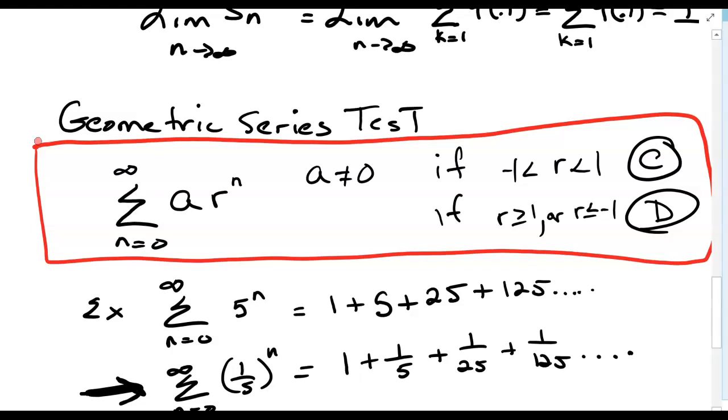Here, I'll make this a little clearer. We can use absolute value, right? It converges if the absolute value of r is less than 1. And it diverges if the absolute value of r is greater than or equal to 1.